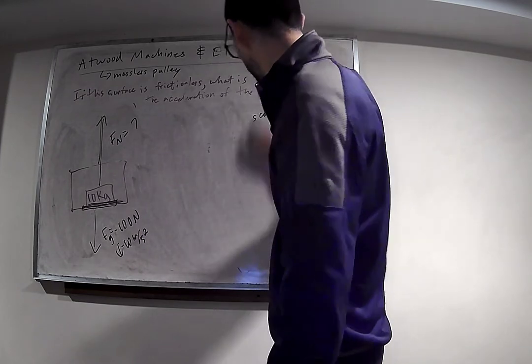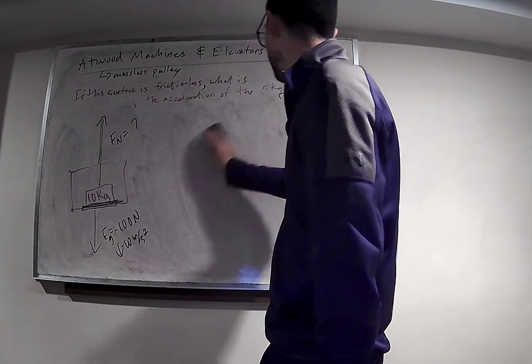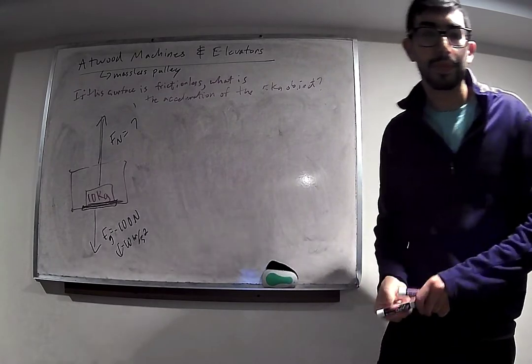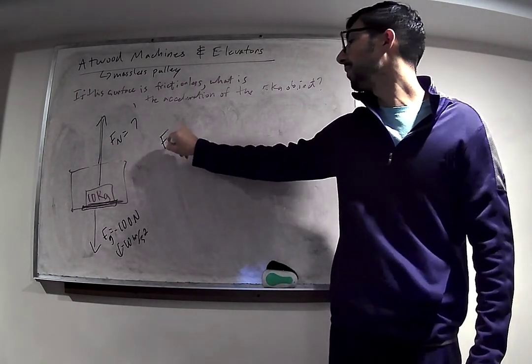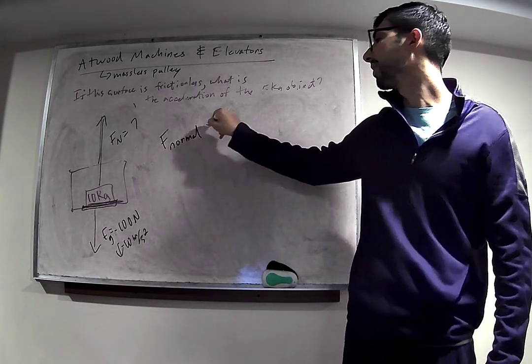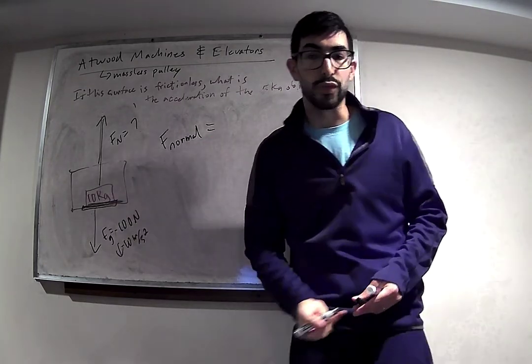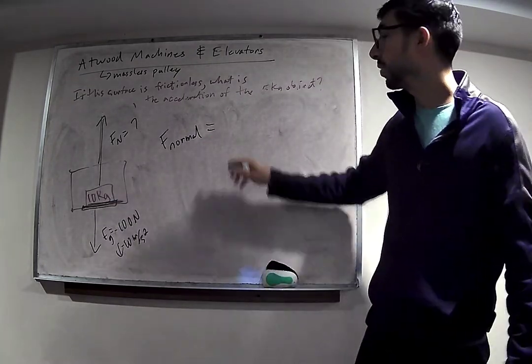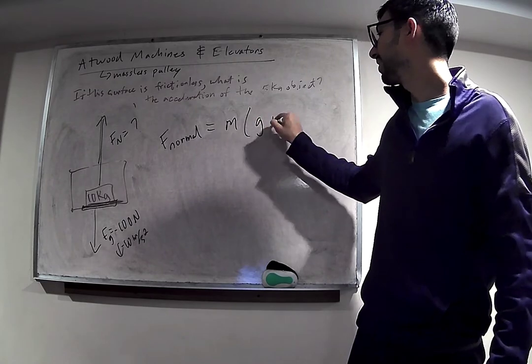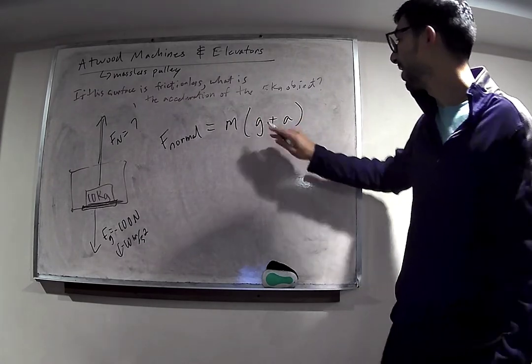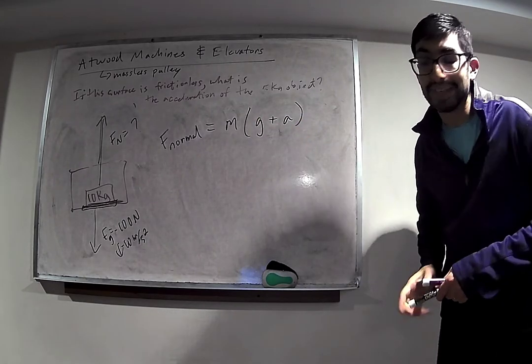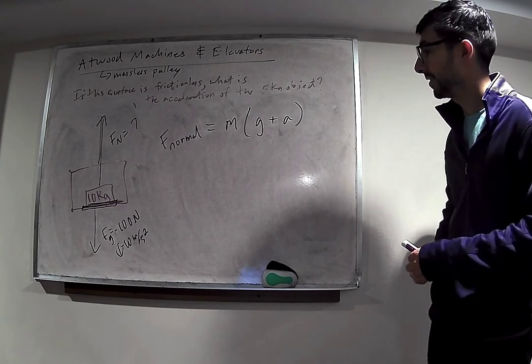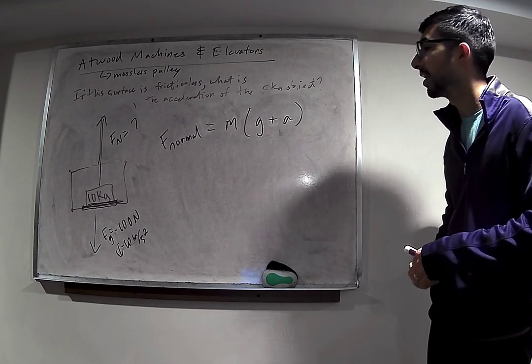That generic equation is: our normal force on an elevator, or our scale, or our tension force on an elevator, is equal to the mass of the object times g plus a, taking sign into account.